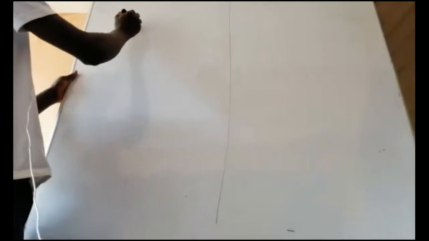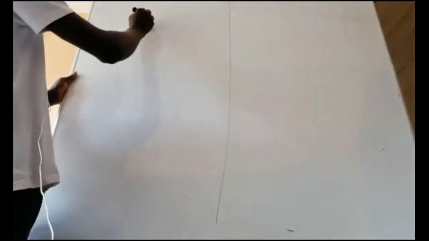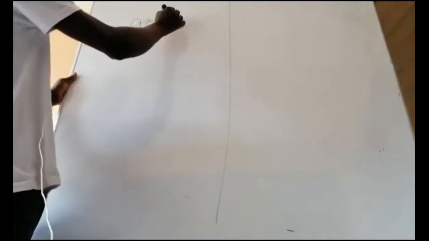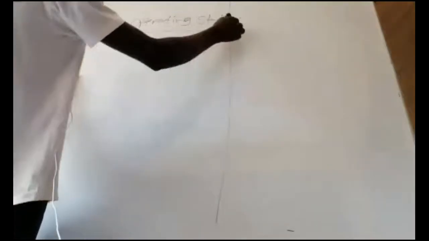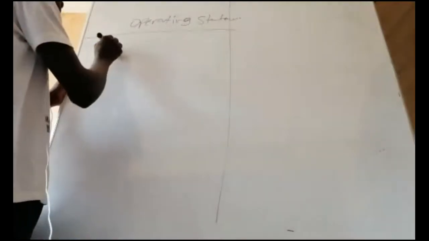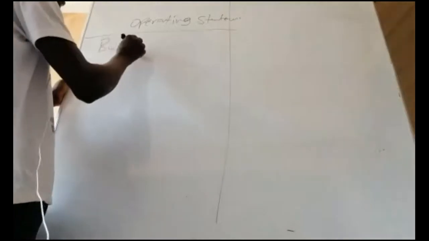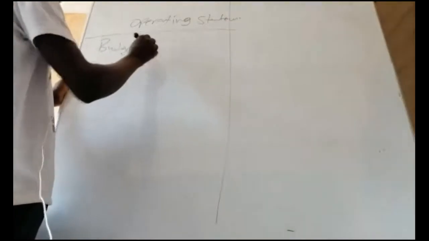So we will start like this. This is the actual May solution. We'll call it operating statements. We need a budgeted profit. Budgeted profits.